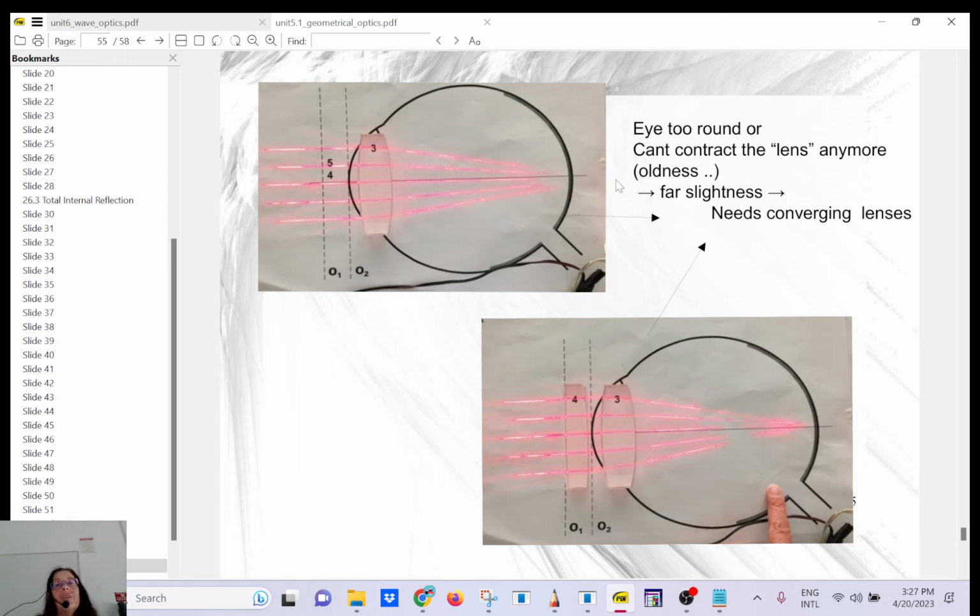So now the image is missing. It's the opposite. The image will be there, and again you don't have cones. So you need those magnifying glasses here to bring back the image from here to the screen here, which is made of cones. Is that interesting? Now you have the opposite of short-sighted.